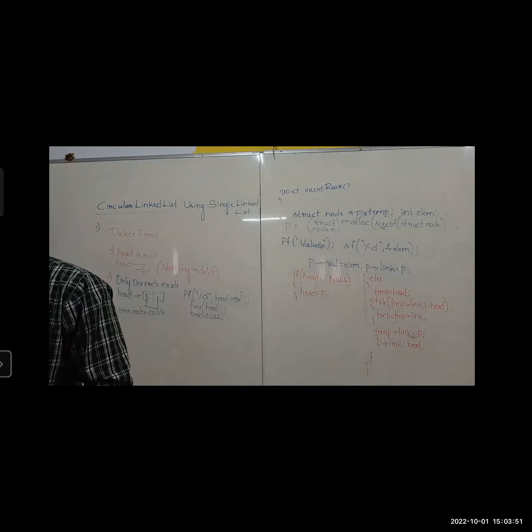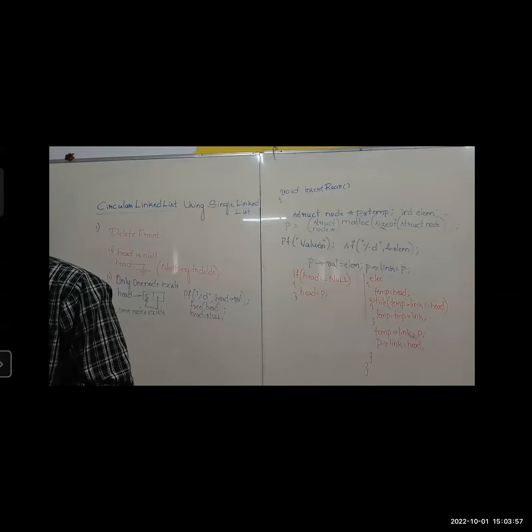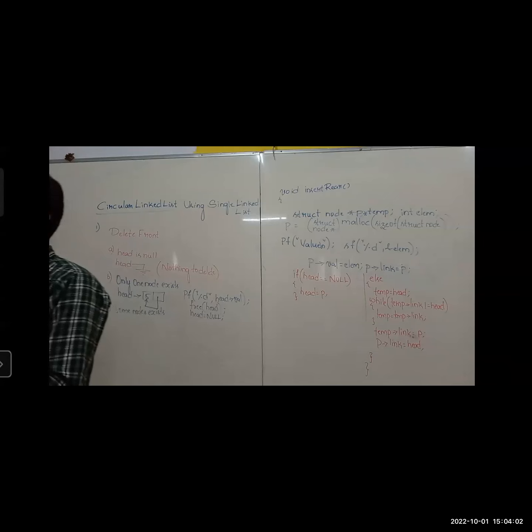Singly linked list was 180. Doubly linked list will be at least a bit more extra, because the statements that we have to write will definitely increase. Previously I was handling one connection, but in a doubly linked list I'll be handling two connections.